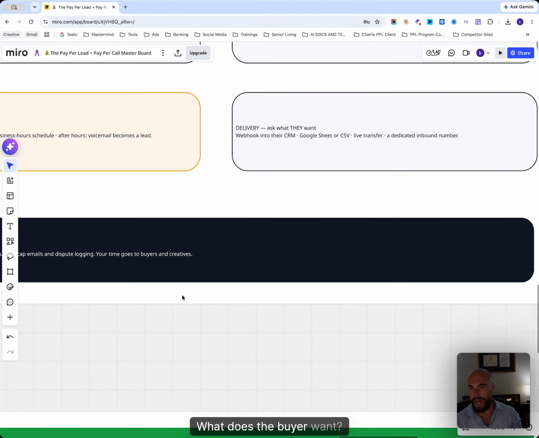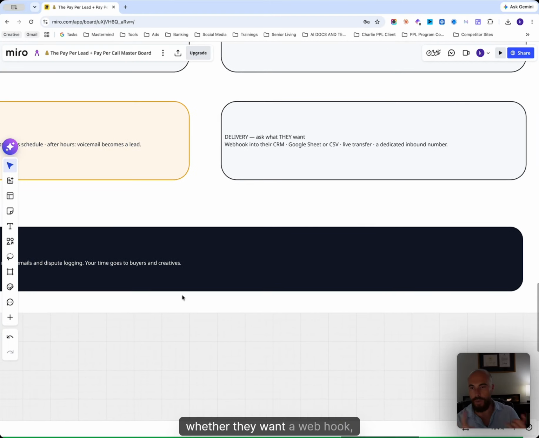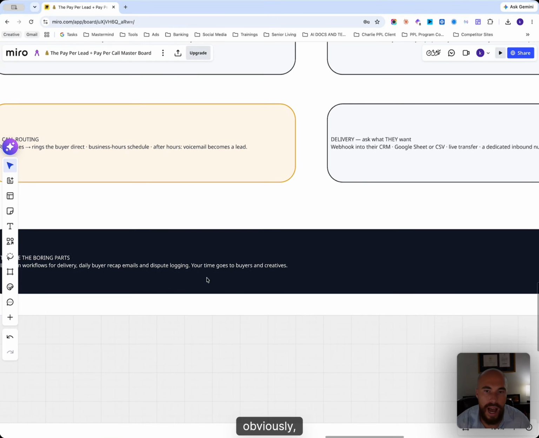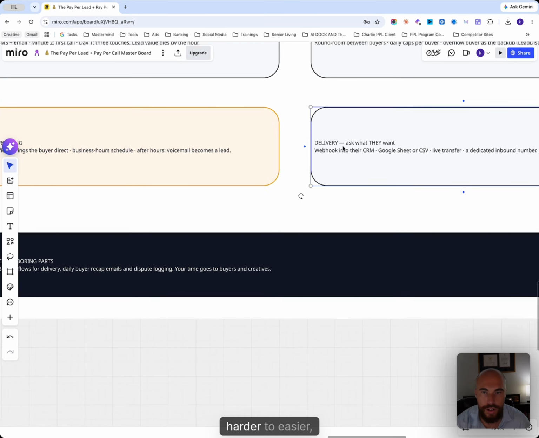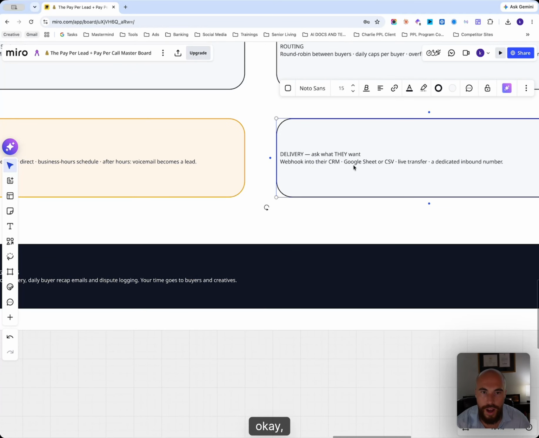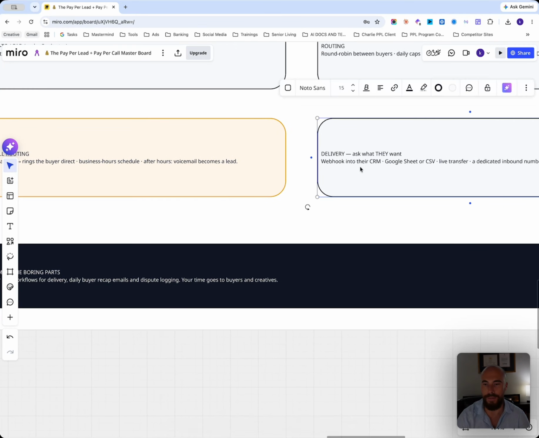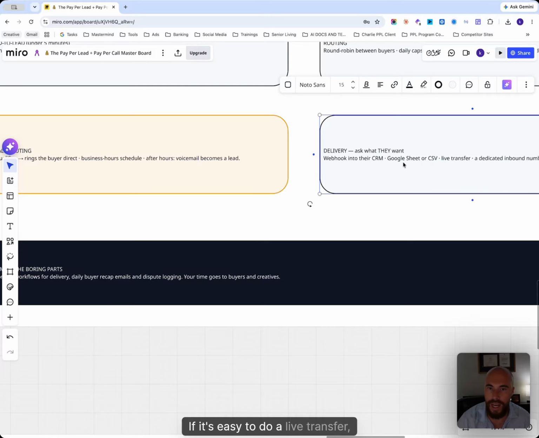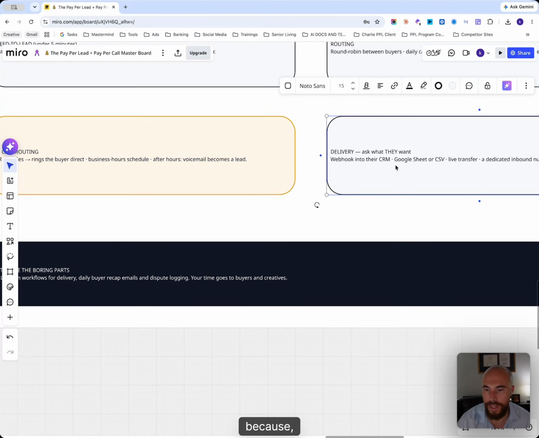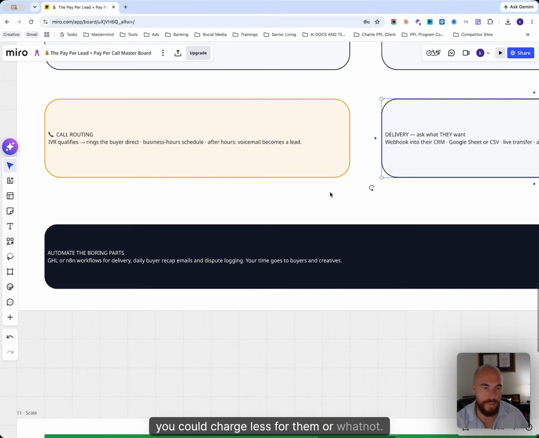Now, next is going to be delivery. What does the buyer want? Just ask them, okay? Whether they want a webhook, whether they want it to go into their CRM, a Google Sheet, whether it's a live transfer, a dedicated inbound number, whatever they want, this is the way you should do it. Now, obviously, this goes from harder to easier, right? If it's easy to use a Google Sheet, perfect. If it's easy to do a live transfer, even better, because you could charge less for it.